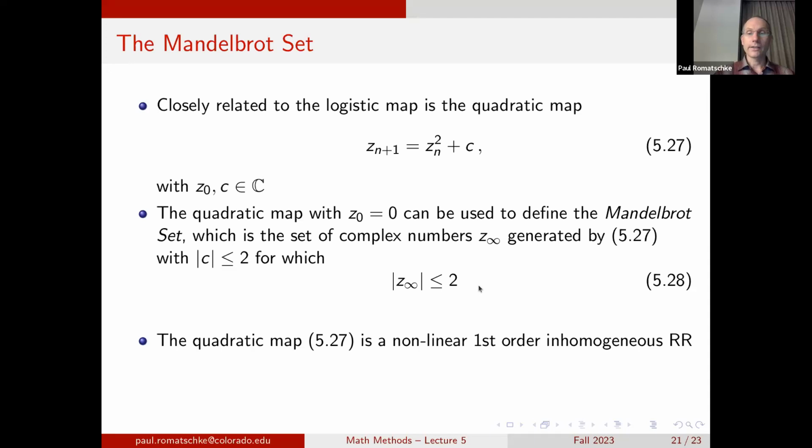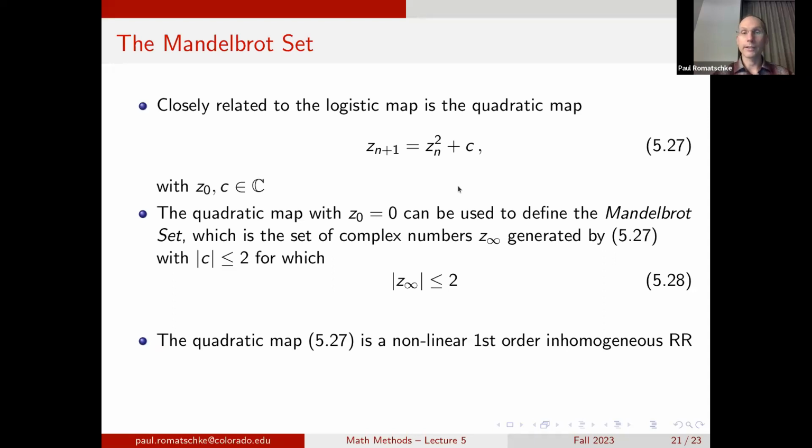I already said that this is a nonlinear first-order inhomogeneous recurrence relation. We can visualize the Mandelbrot set by plotting the numbers that are part of it in terms of their real part as the x-axis and imaginary part as the y-axis, such that we have a two-dimensional shape of points that are part of the Mandelbrot set and everything else that's not.